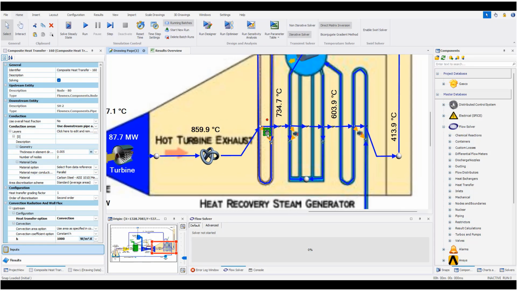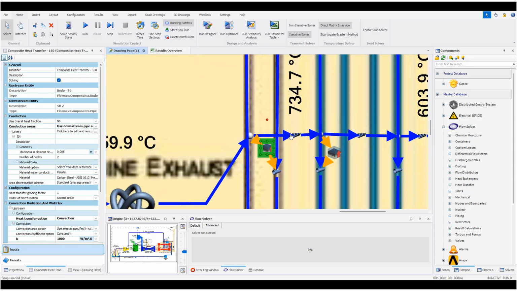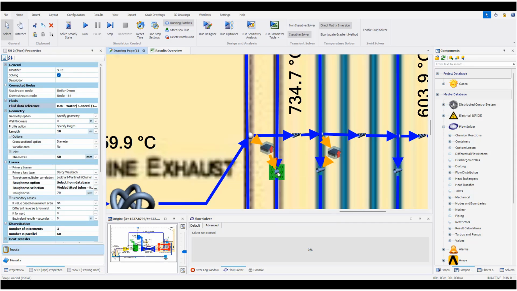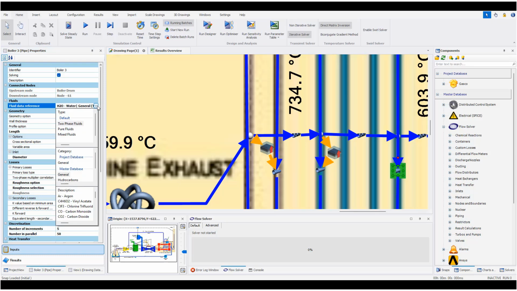If you look at here, we have these tubes that belong to a boiler, using the heat from the hot exhaust gas and producing steam, as you can see here. And if you check the material here, you can see that we have two-phase fluid, and it is water.